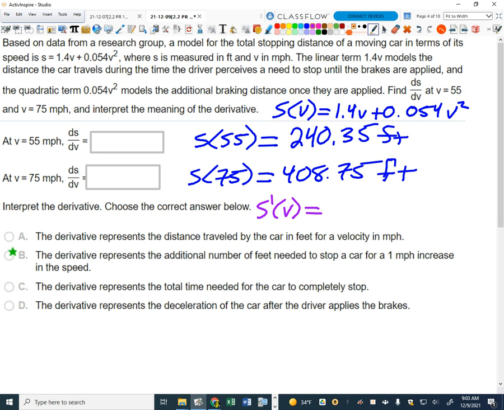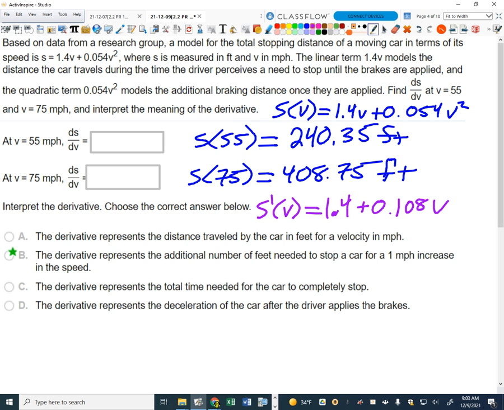So here's the function we're differentiating. Is it 1.4? Good. And then plus, what is that going to be? Well, it's 2 times that, right? So 0.108 V. There you go.